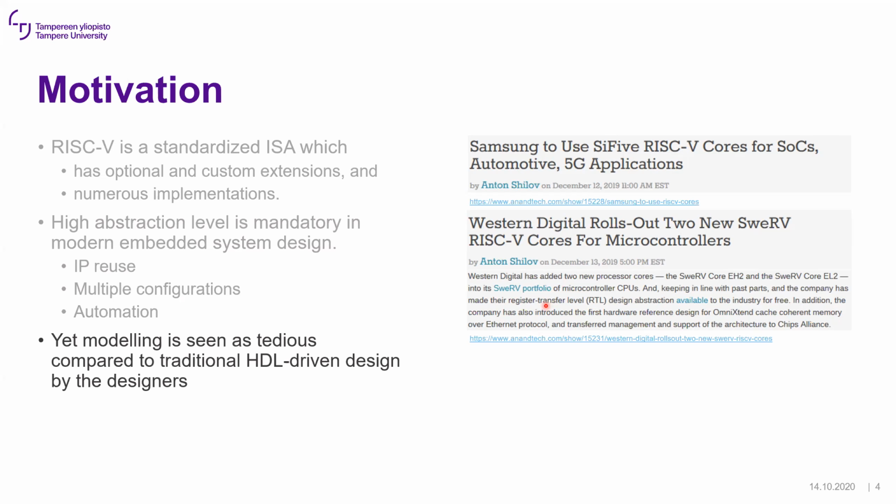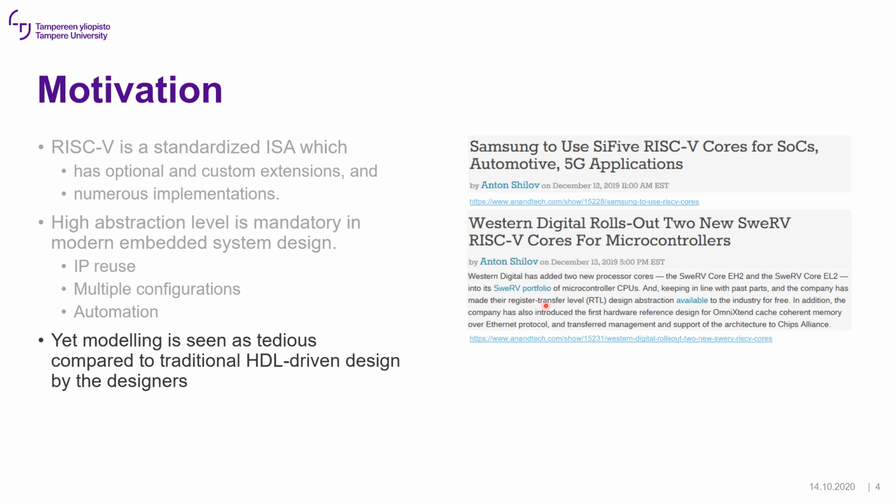Yet from our experience, modeling, which gives this high level of abstraction, is seen as very tedious if we compare it to a traditional hardware description language driven design, if we ask the designers.